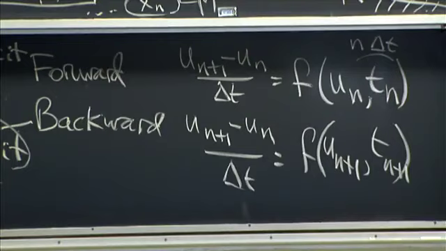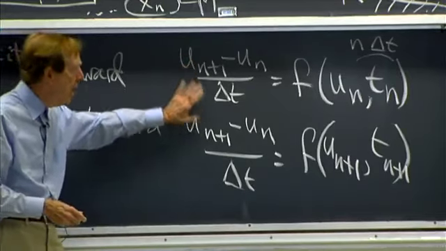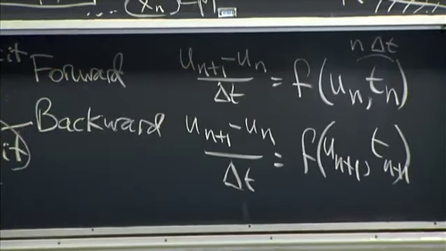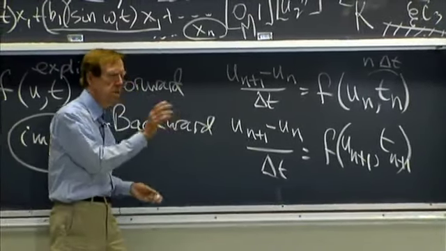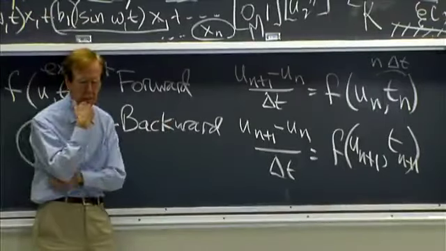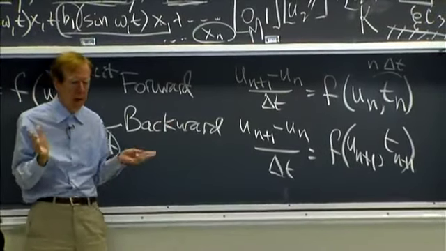Then, as I said, chapter 6 of the book develops higher order methods. These are both first order accurate. The error that you're making is of the order of delta t. That's not great, right?